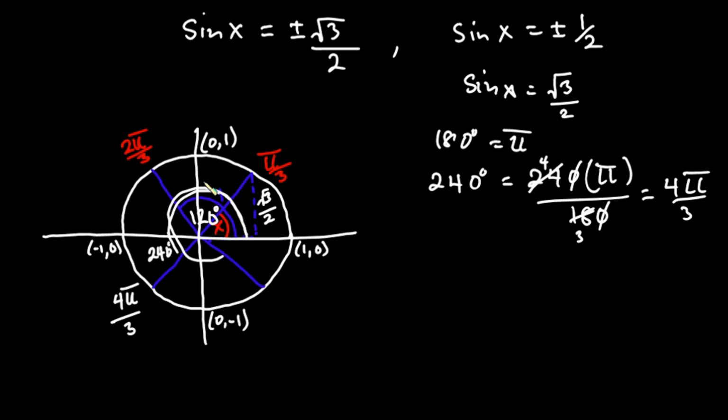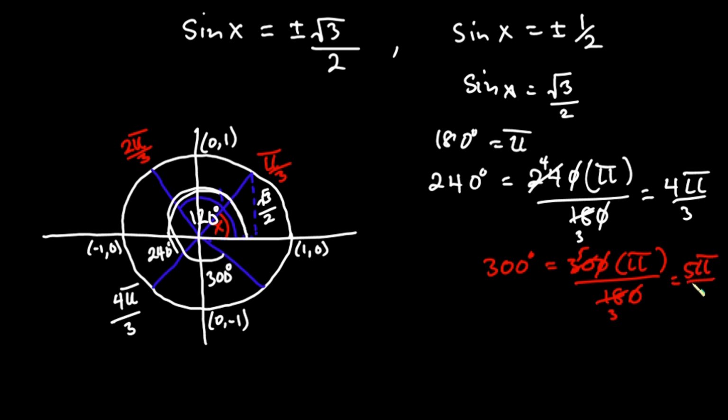So it means that from here to this point, the angle is 300 degrees. 300 degrees in radian is going to be 300 times pi over 180 degrees. This and this will go, 6 goes into 30 5 times and goes into 18 3 times. So we're going to have 5 pi over 3. So it means that 300 in radian is going to be 5 pi over 3.